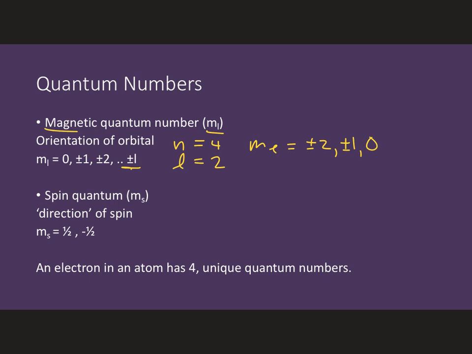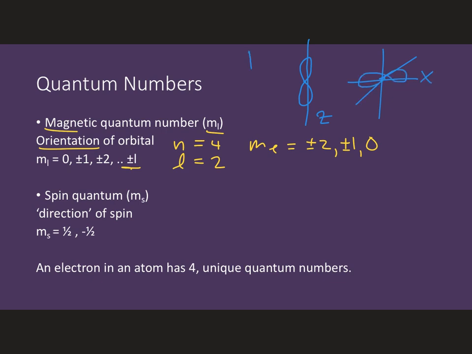Now, these are a little bit different in that they are still describing things connected with l, so they're still the same shape, but now they're talking about the orientation. So, for example, if I wanted to think about the p orbitals, I could have a p orbital that's aligned on the z-axis, or maybe it's on the x-axis.